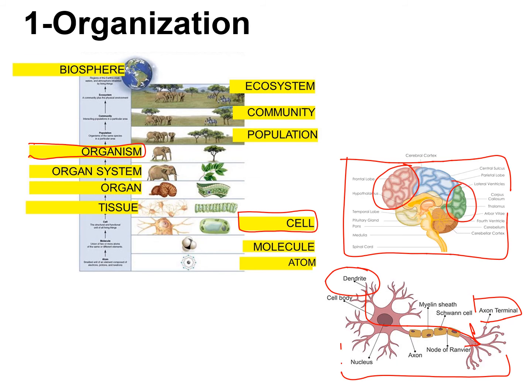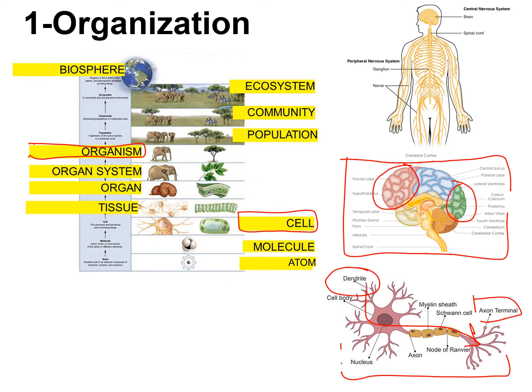Then when you organize that brain with other organs and tissues, you can end up with a nervous system. And the whole nervous system is organized to take stimuli input from the body, transmit it to a processing center, which will process that information and then send out a signal, a response.